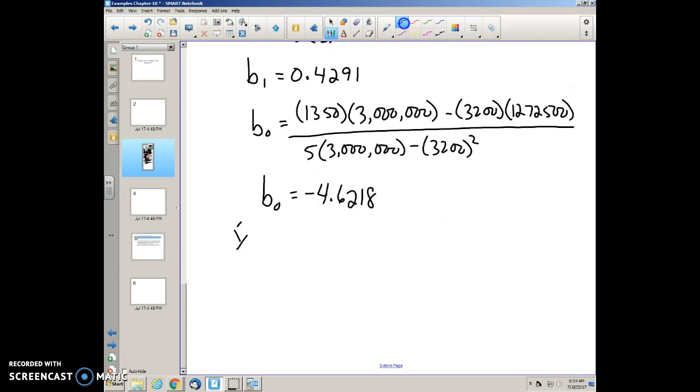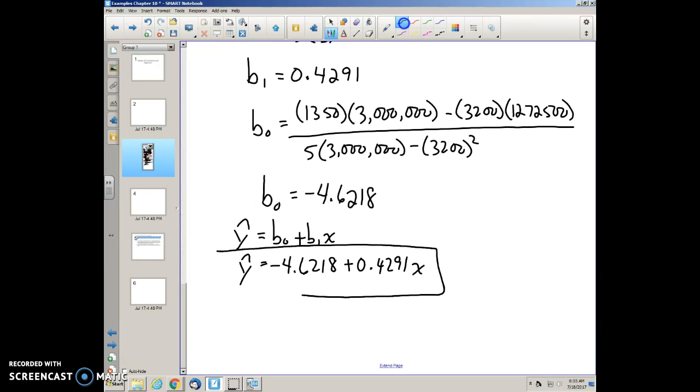Now our formula, y hat equals b sub 0 plus b sub 1 x. So y hat equals negative 4.6218, and then plus b sub 1, so b sub 1 is positive, so plus 0.4291x.